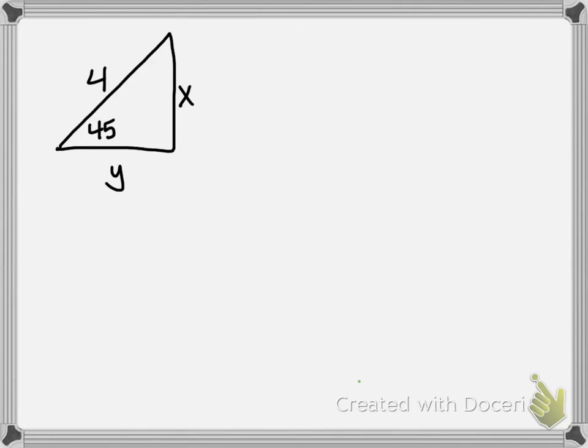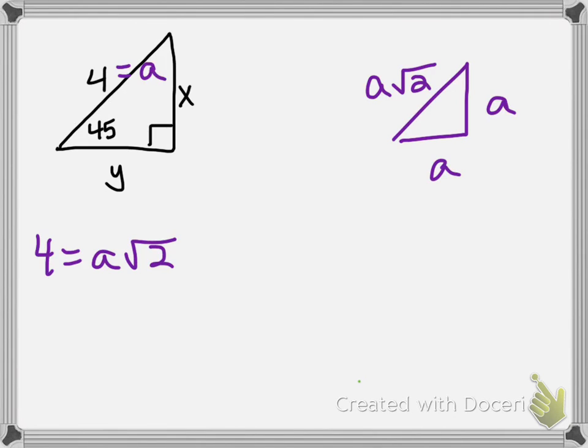In this triangle, we're going to encounter simplifying square roots again. So we draw our reference triangle, and we choose that 4 equals a square root of 2, and we need to solve for a. So we divide by square root of 2, and we end up with a square root in our denominator.